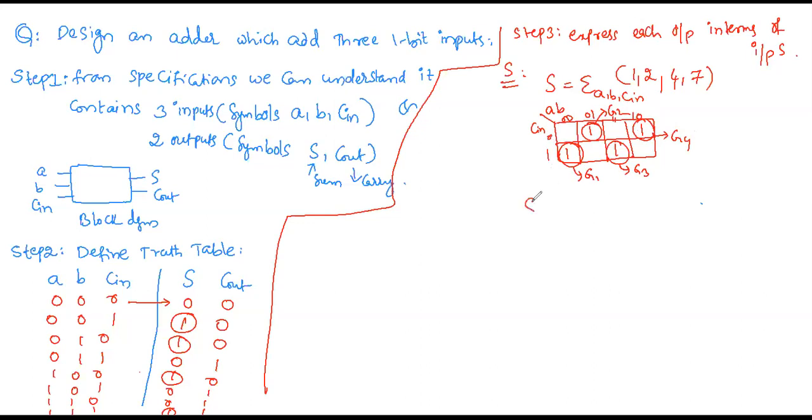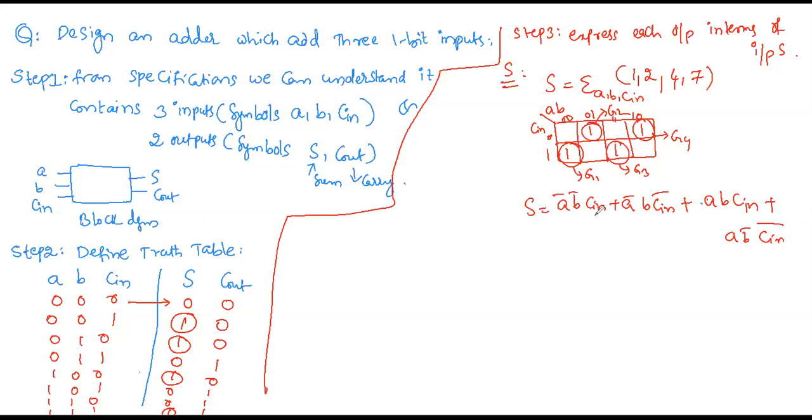Now write S is equal to G1, which is A bar B bar C in, plus G2, A bar B C in bar, plus G3, A B C in, plus G4, A B bar C in bar.